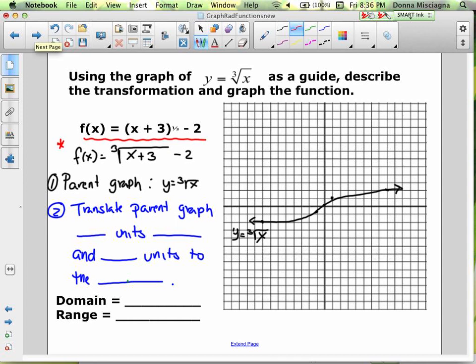The minus 2 on the whole function means we're going 2 units down, and x plus 3 is 3 units to the left. So we're just going to count 3 to the left and 2 down.